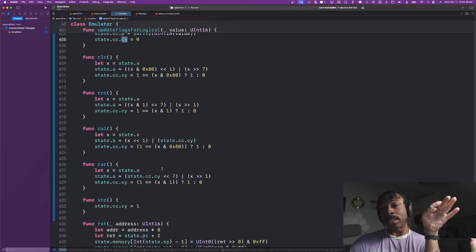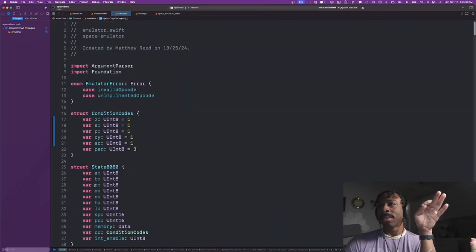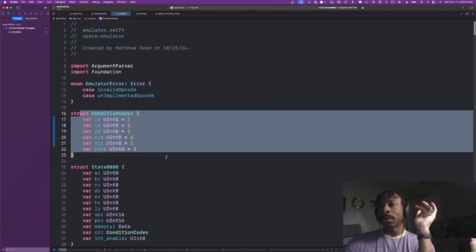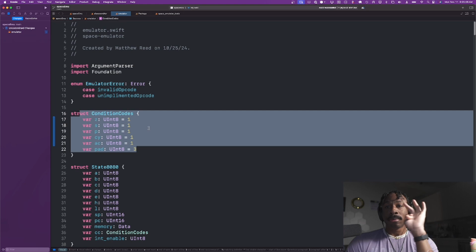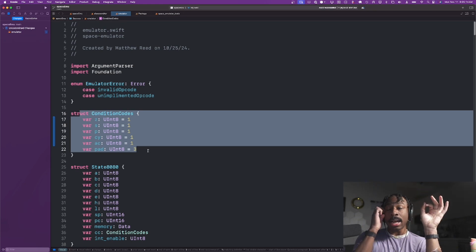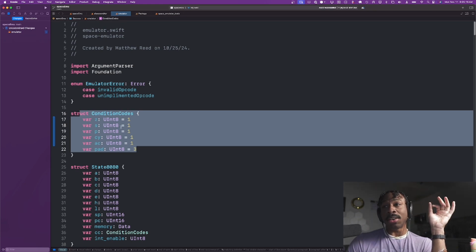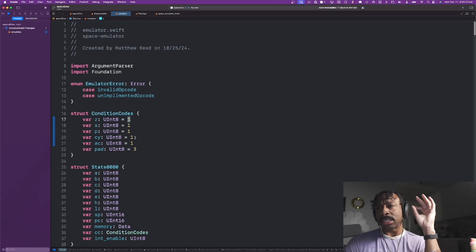Also, I had to do a major refactor. I had all the flags as booleans before, and I realized that wasn't gonna work. In C, you can treat ones and zeros as truthy or falsy. In Swift, you cannot do that. So I just decided to make them all booleans. Turns out it didn't work because I needed to use the carry flag as a number and shift it around.